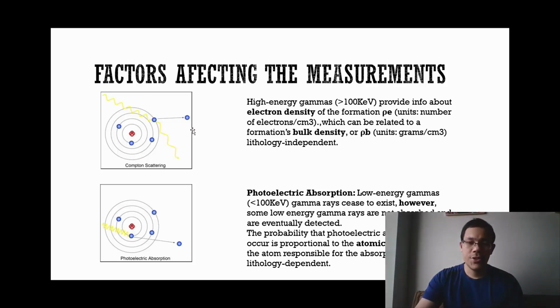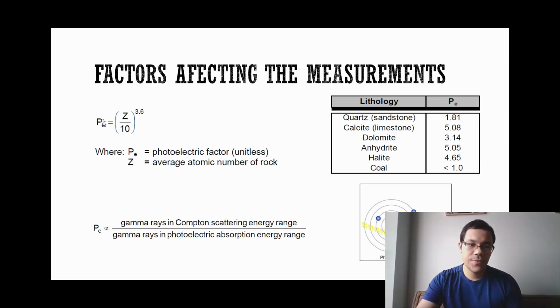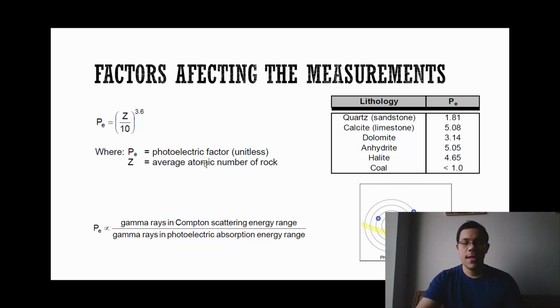And these interactions will be related to the bulk density and the porosity values. And the absorption interactions will be related to the atomic number and will give us information about lithology, the photoelectric factor. So we'll have a number associated with each type of lithology. And the photoelectric factor has a relationship with the average atomic number of that rock.